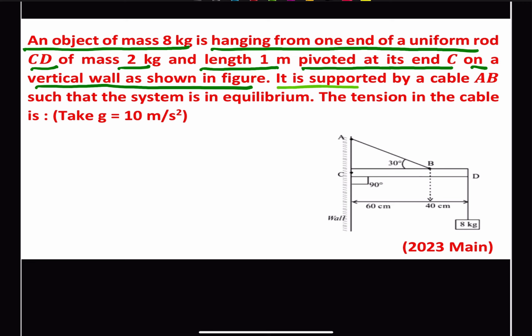It is supported by a cable AB such that the system is in equilibrium. The tension in the cable is, take g as 10.